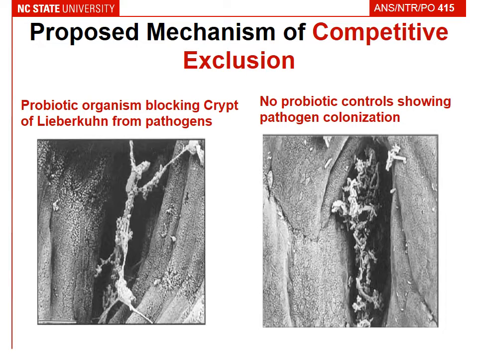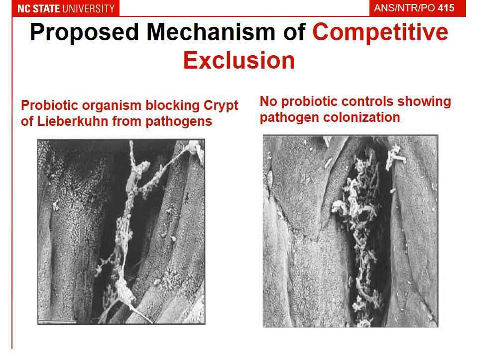So here we have a picture of the proposed mechanism of competitive exclusion. On the left-hand side is a treatment of birds that were given supplemental probiotics within their diet, and you can see this little X here. Those are the probiotic bacteria, which are blocking the crypts of Lieberkühn from any pathogenic bacteria.